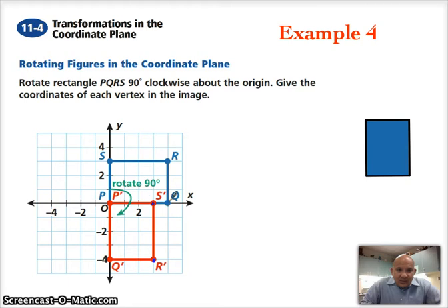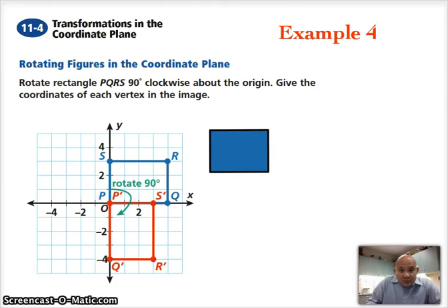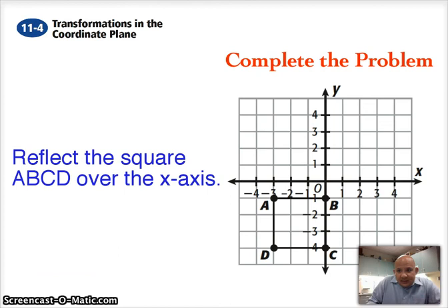In this case, the y-axis. 1, 2, 3, we're up against the y-axis. We've just completed finding out where those vertices are. We just rotated, essentially, that square.